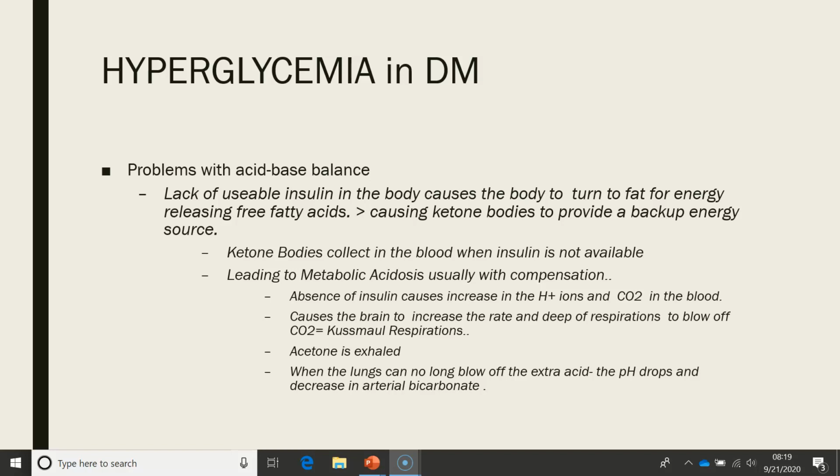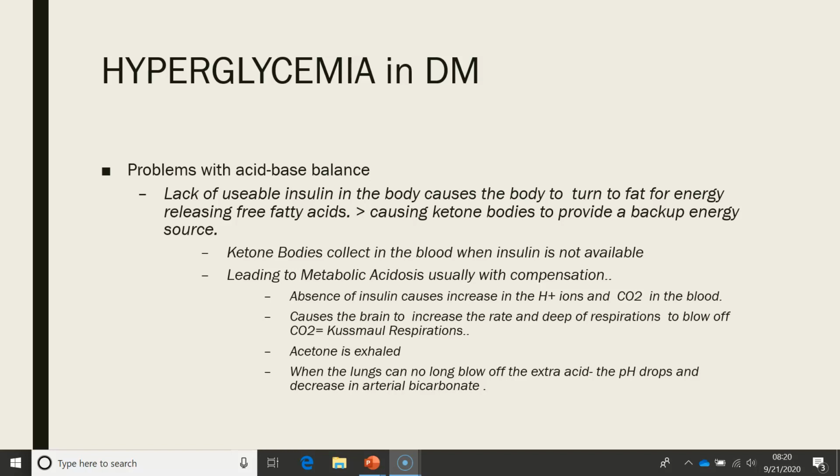And when the lungs can no longer blow it off, the extra acid then drops the pH and decreases the arterial bicarbonate. So you end up with metabolic acidosis that's compensated, because remember back when we were talking about compensation, it's a metabolic problem.